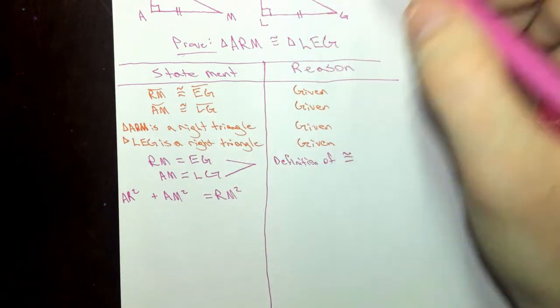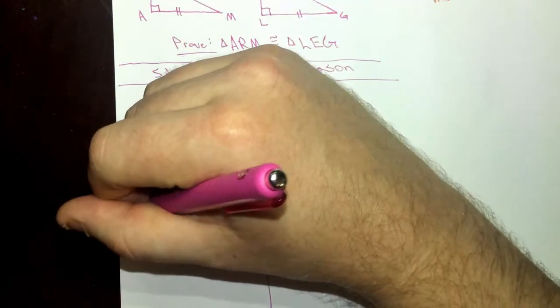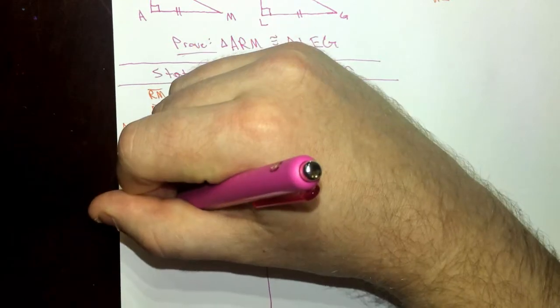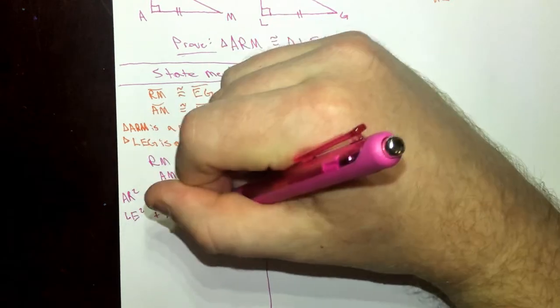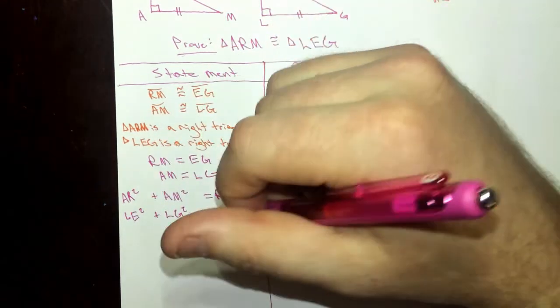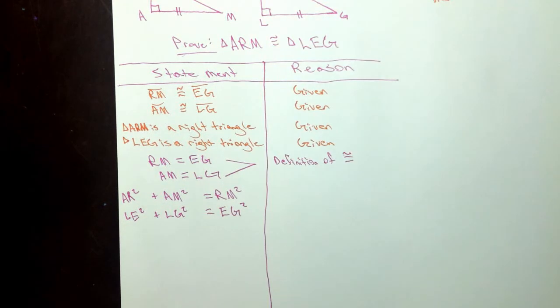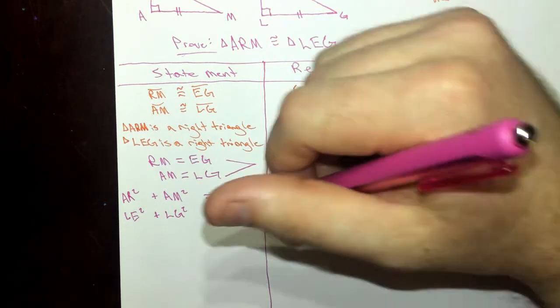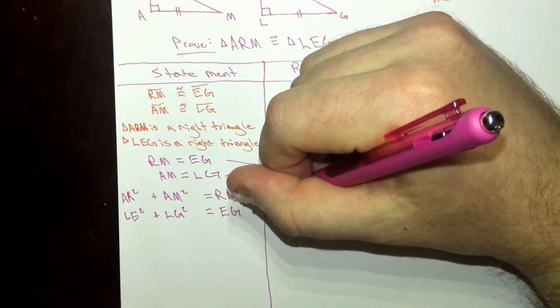I can make the same statement about the other triangle because it's right as well. So I could say that LE squared plus LG squared is equal to EG squared. I can make these claims because that is the Pythagorean theorem, which has already been proven.